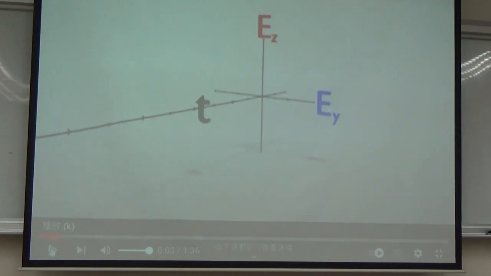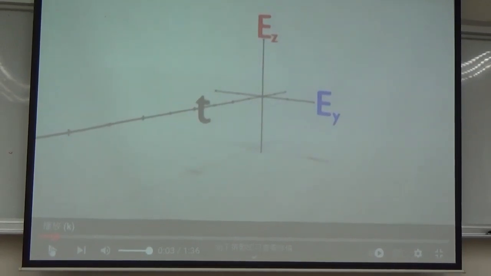Because you can combine, this one will equal E0 exponential j omega t minus kx, and your vector becomes direction z, y plus e. Okay, so this is the green one. The green one.